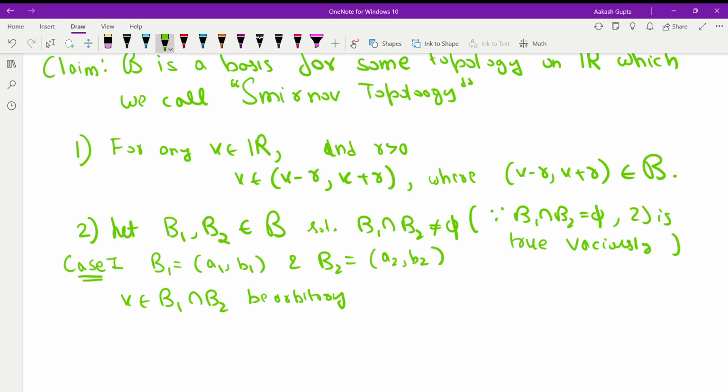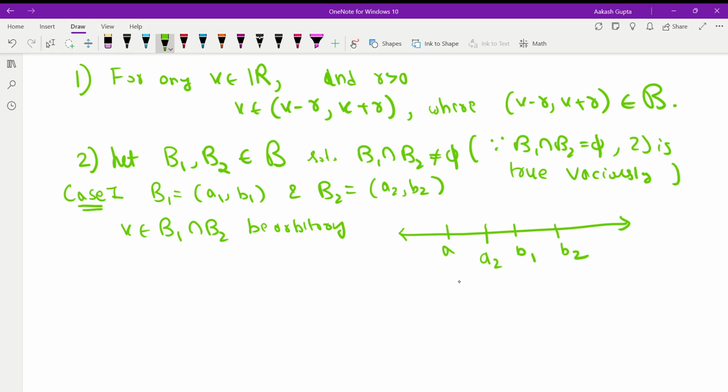So let us take these two kinds. Now this intersection is non-empty, so let us plot. Say you have this (a1, b1). Your intersection is non-empty, so your a2 has to be somewhere before b1, right? These are open intervals, note that. So the intersection is basically (a2, b1).